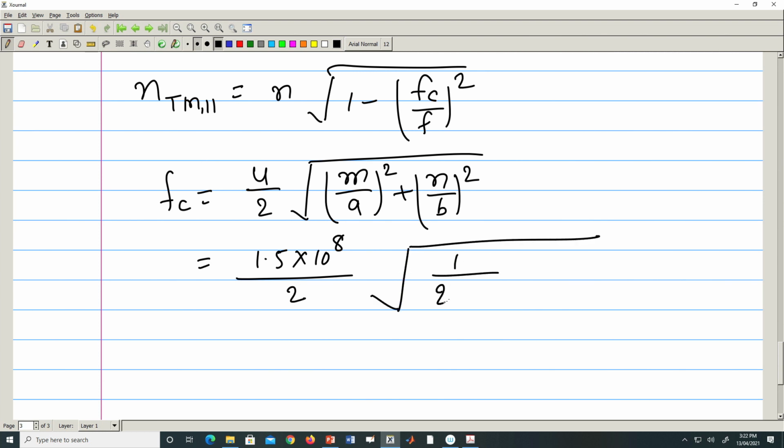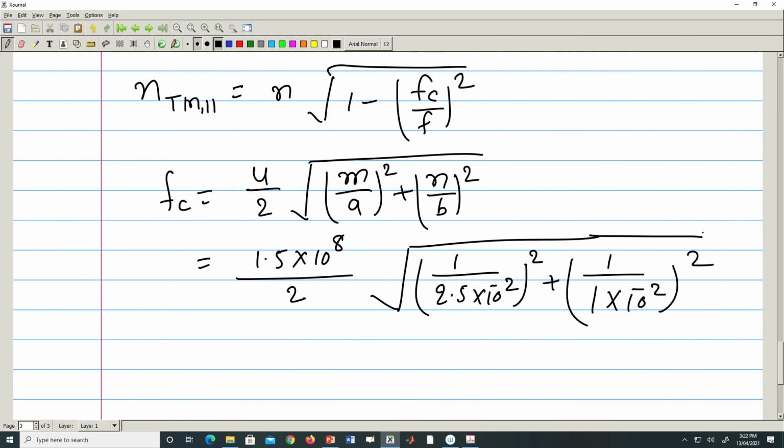After calculation it will come 8.08 gigahertz. So, this is the cutoff frequency for the TM11 mode.